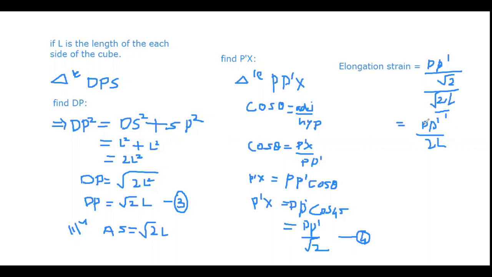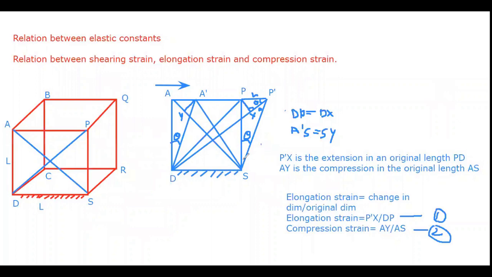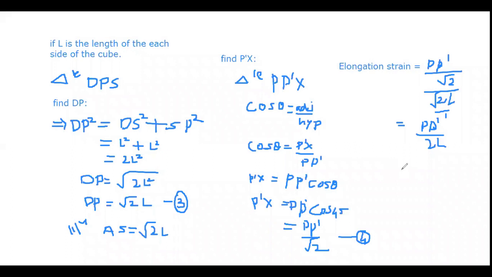Now what is PP dash? Still we have not found what PP dash is. So let me take the diagram again. In the diagram, P dash S is there. Let us find PP dash by L. As per the diagram, this is P and this is P dash, and this is S, and this is L. You want to find the arc length.